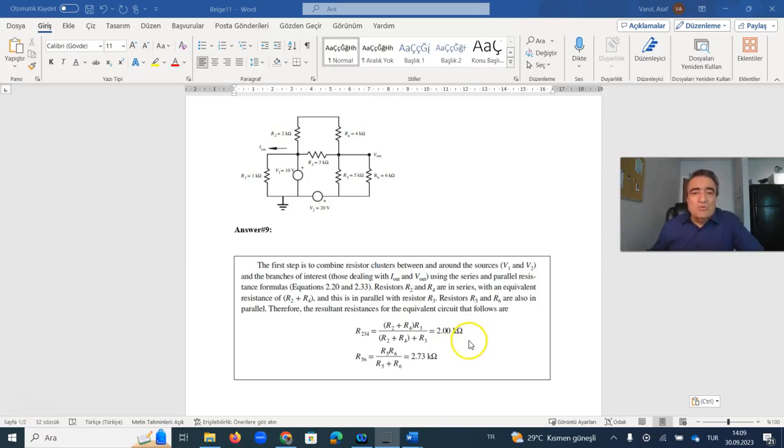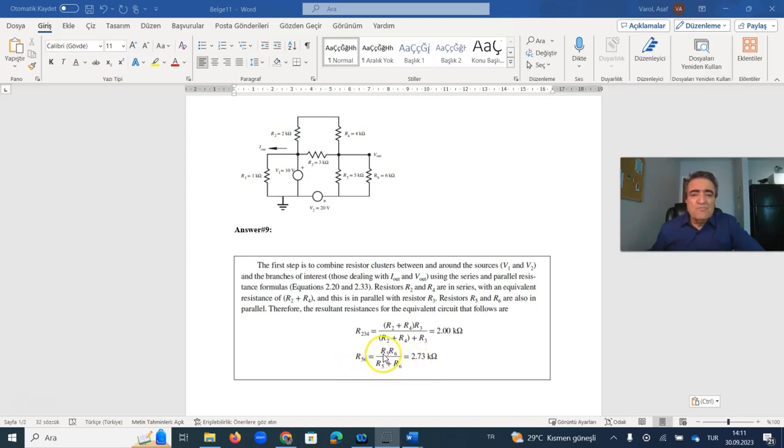Similar things we can do for R5 and R6 because these two resistors are connected in parallel too. Since we know R5 and R6 are parallel, we can use the formula which is provided at this point.